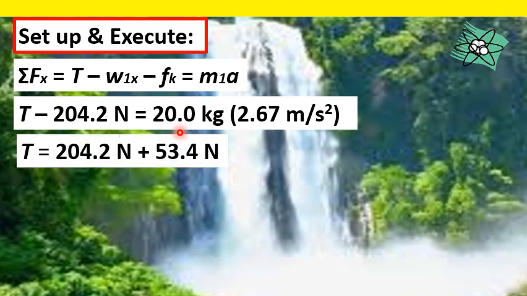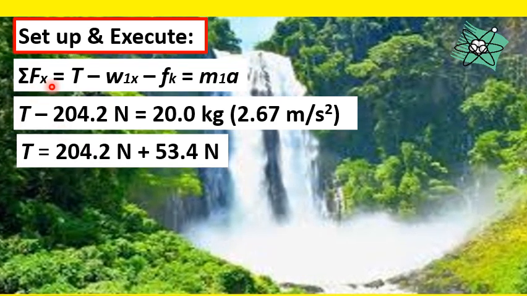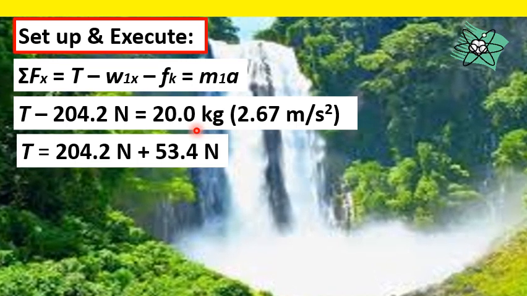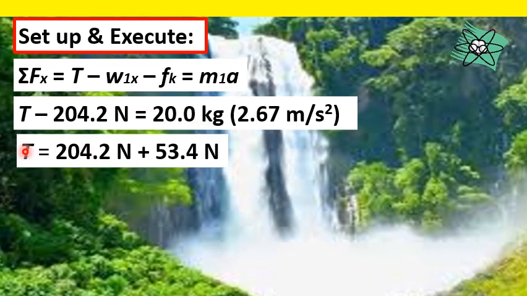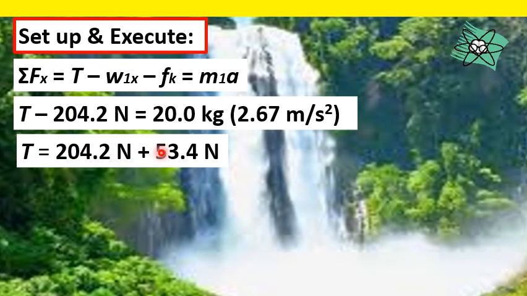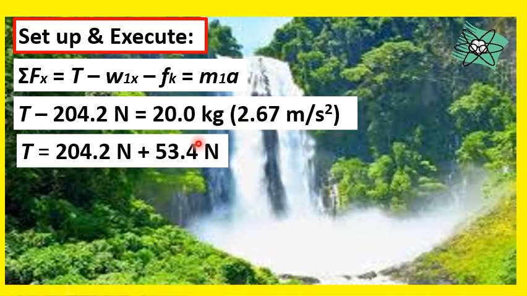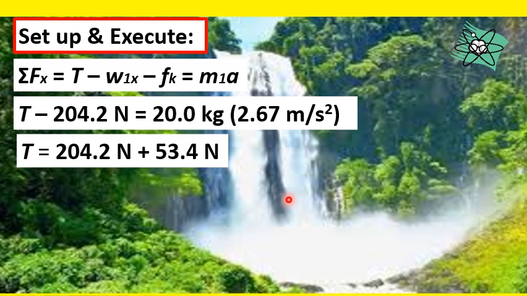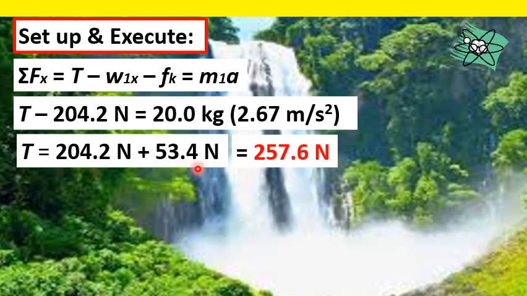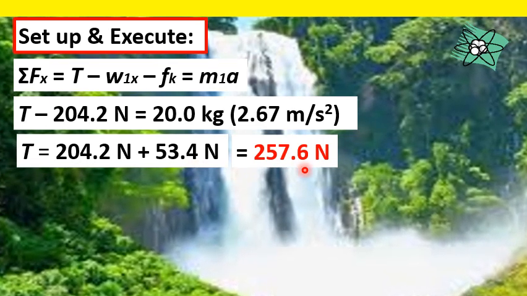Or, transposing 204 newtons to the right side of the equation, we get the magnitude of the force tension, capital T, equals 204.2 newtons plus the product of M1 and acceleration A, which is 53.4 newtons. So that means the magnitude of the force of the tension in the rope is equal to 257.6 newtons.